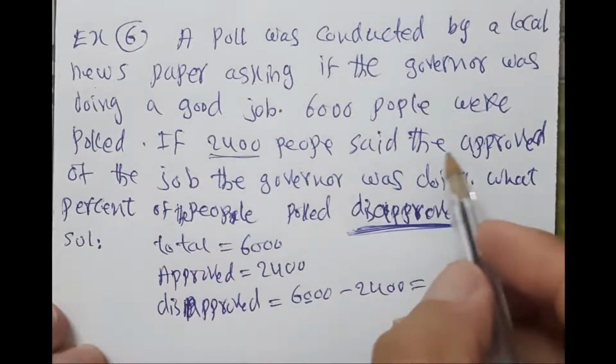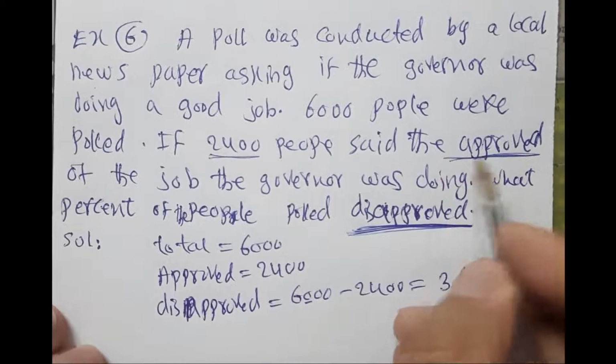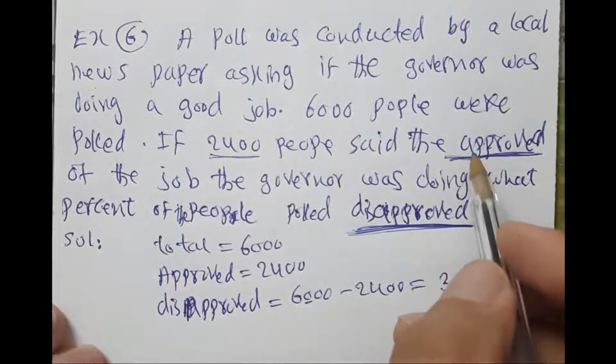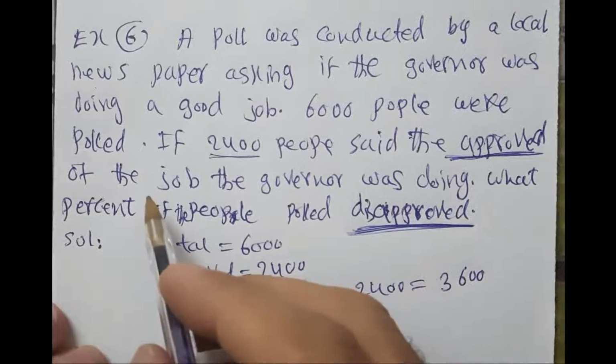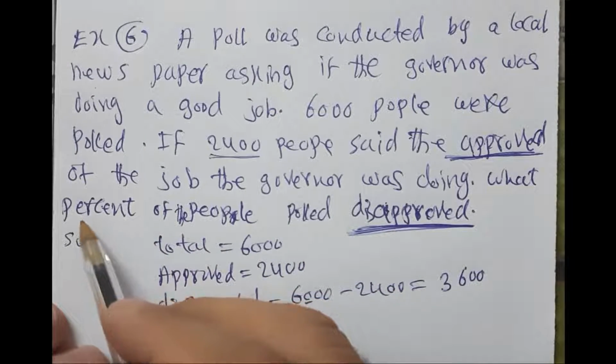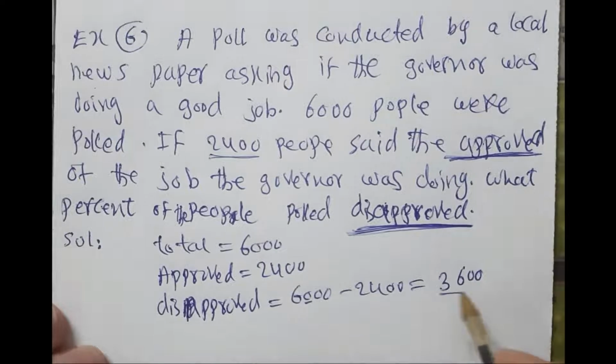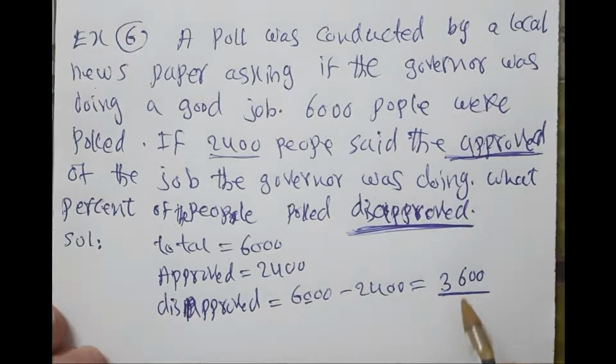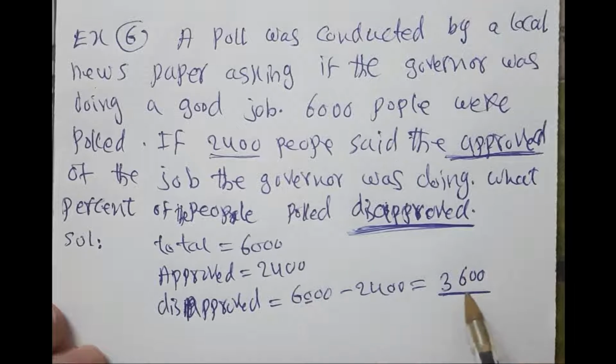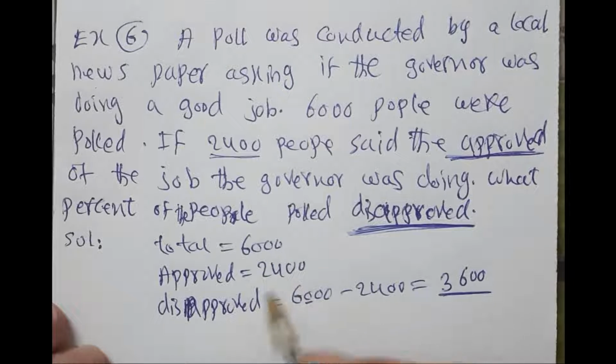We do not care about the approved people, because they asked about the percent of the people polled who disapproved. Now we want to find the percent of 36,000 from 60,000.